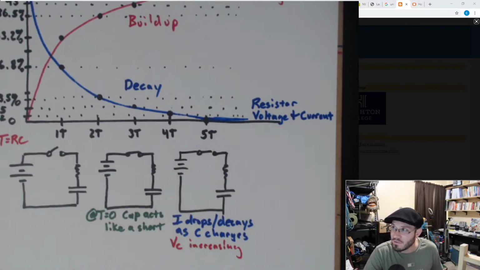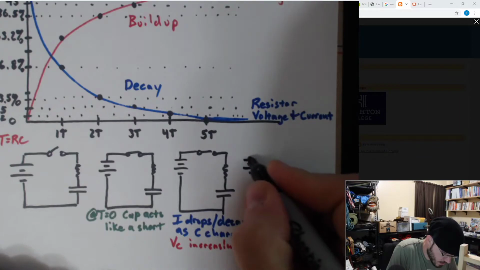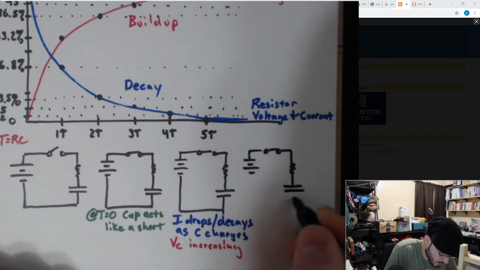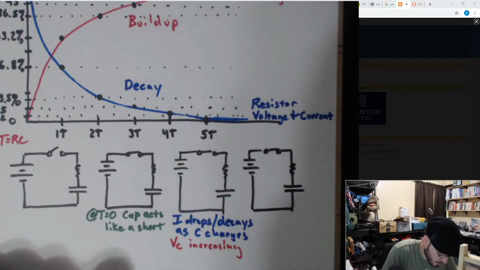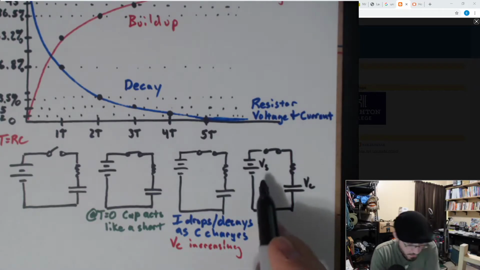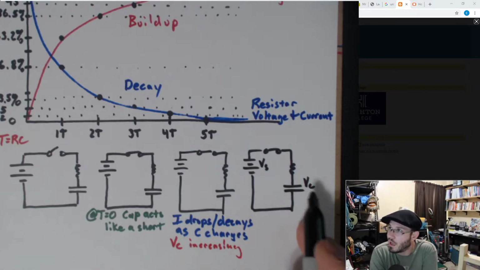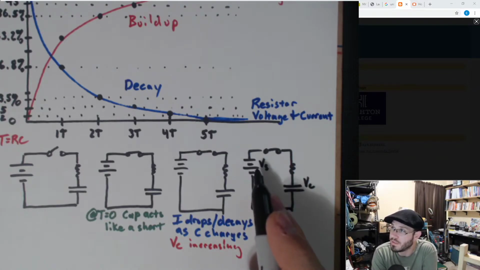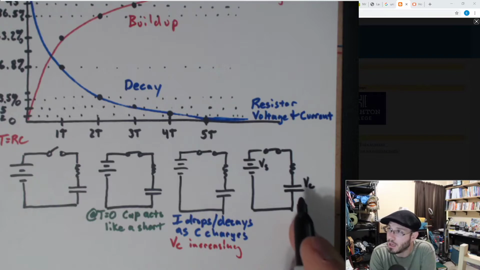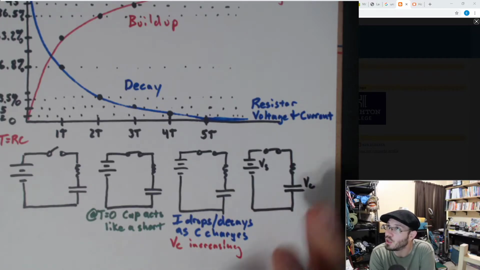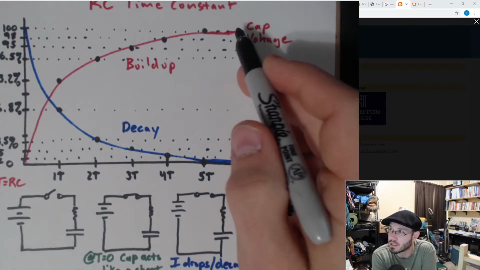So at some point after, our capacitor voltage V sub C is going to be equal to V sub S, our supply voltage. So we're going to have as much charge on this cap as possible. We're going to get the same voltage that we applied to it. That's going to be our max voltage.